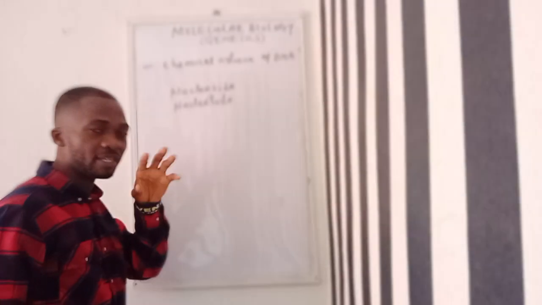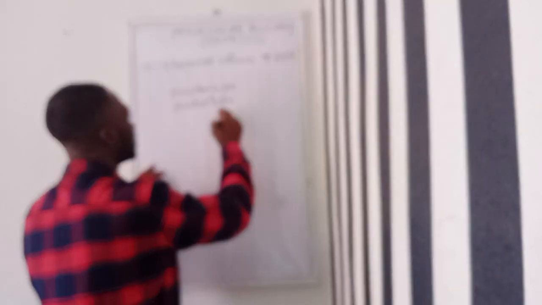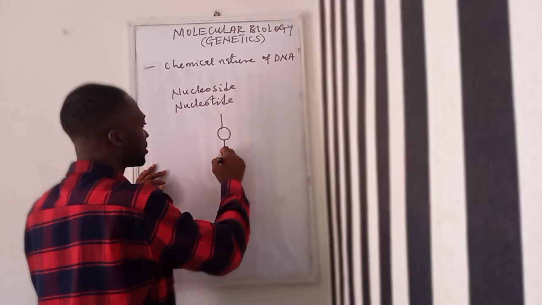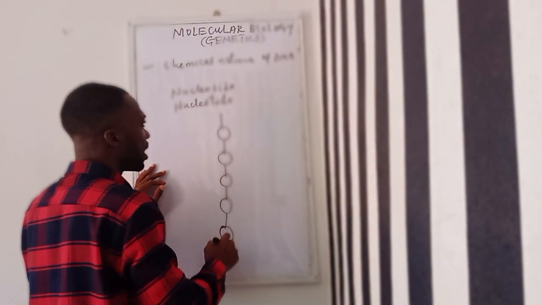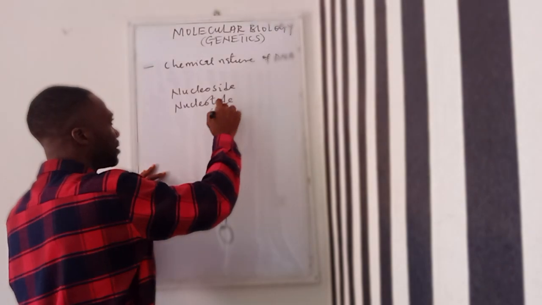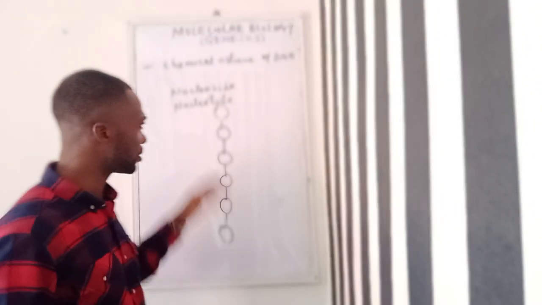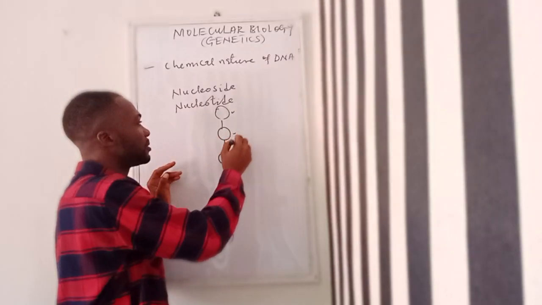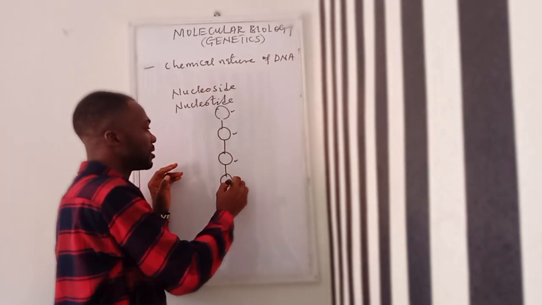Remember I said that DNA is made up of repeating units called nucleotides. Look at this. Assume I have this as a nucleotide. This is another nucleotide, and another, and another. I'll still give you the molecular structure of this nucleotide; this is just for explanation. So DNA is made up of this repeating unit.